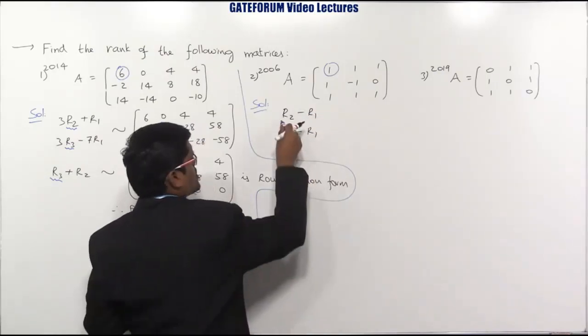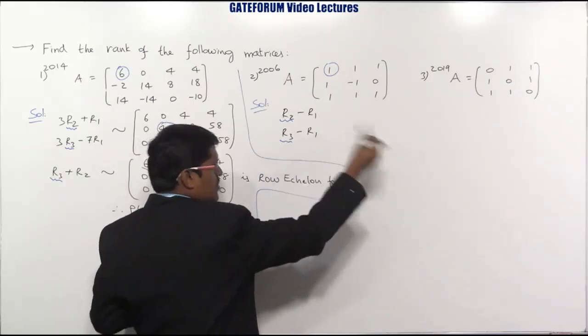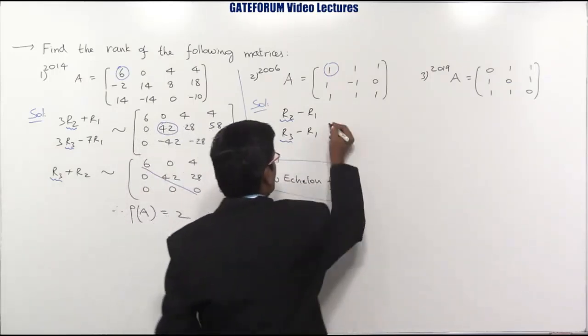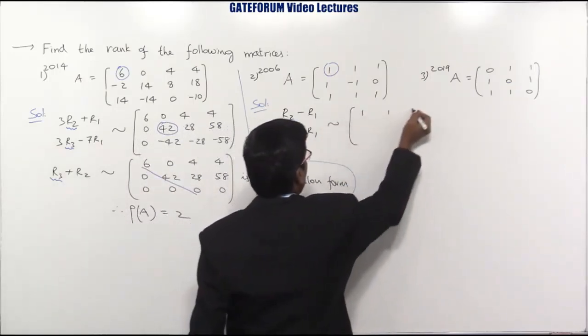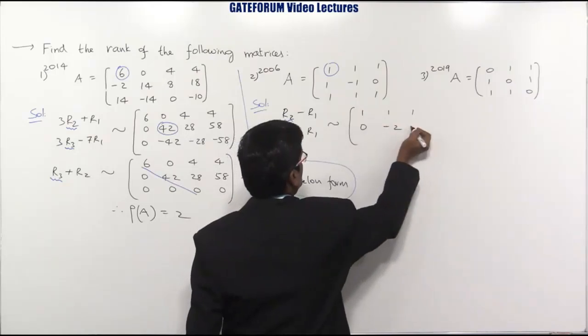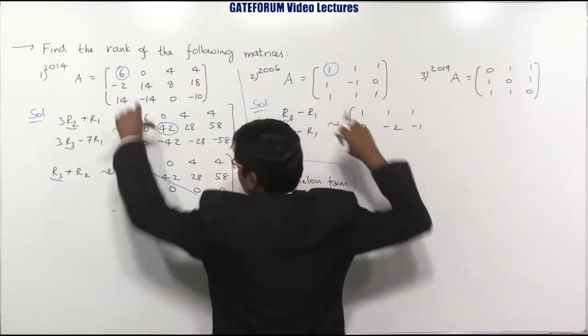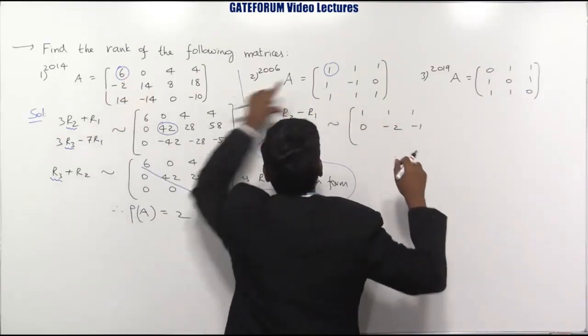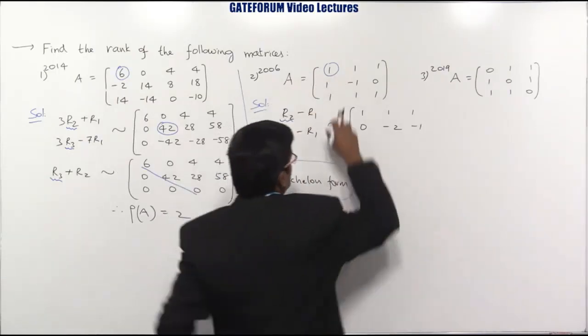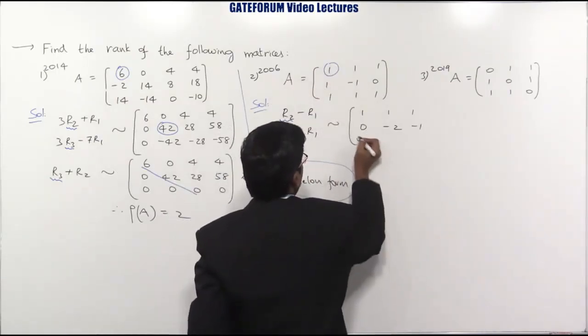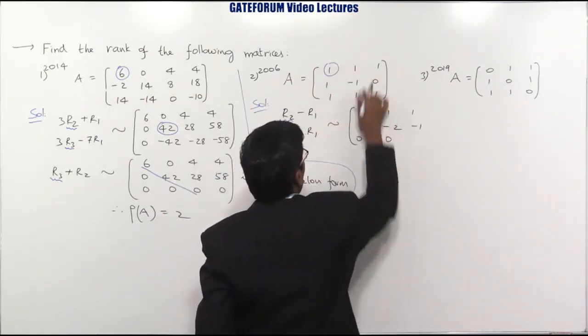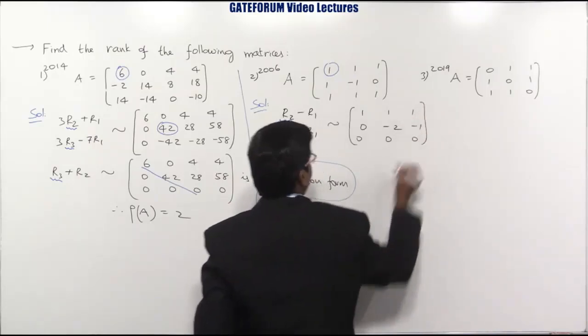In these two operations, R2 changes, R3 changes, and will give a new matrix equivalent to 1, 1, 1, 0, minus 2, minus 1. So, I showed you with my fingers in the previous example. The same way you can apply. Easy to understand. Next, 1 minus 1, 0, 1 minus 1, 0, 1 minus 1, 0. Okay.